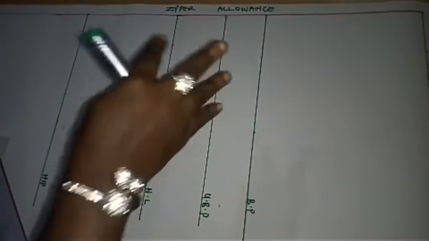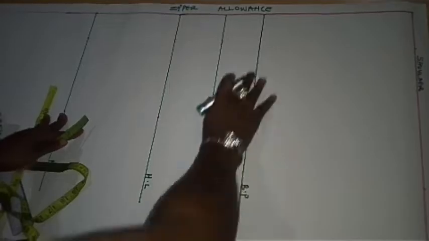I'll be drafting everything on one body, both the front and the back bodies of this gown. Then when I'll be cutting this on my fabric, I'll cut the back first, after which I'll cut my front bodies. So the first thing I'm going to do right now is to determine my shoulder.